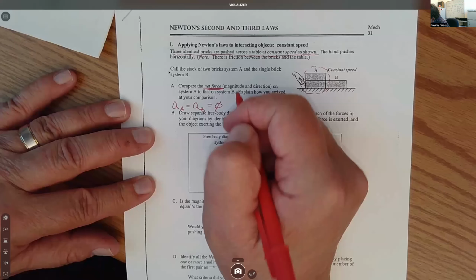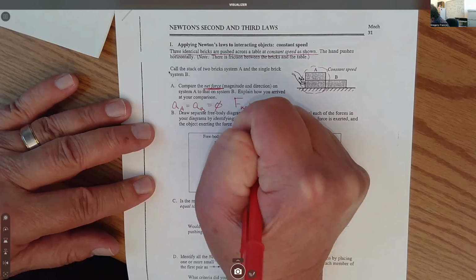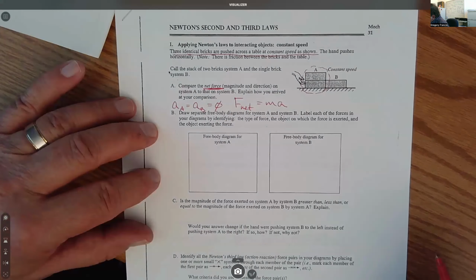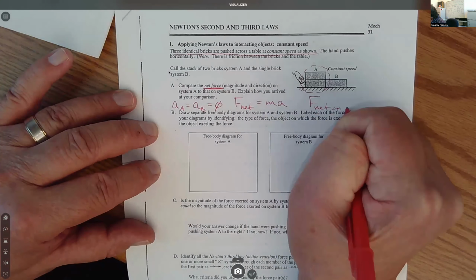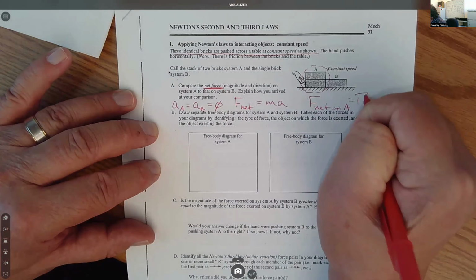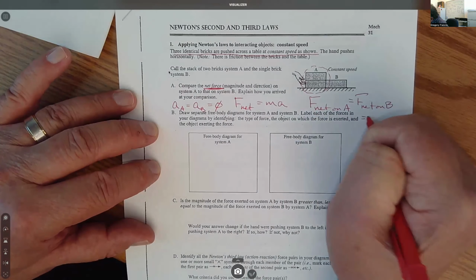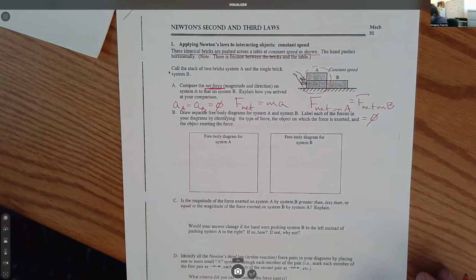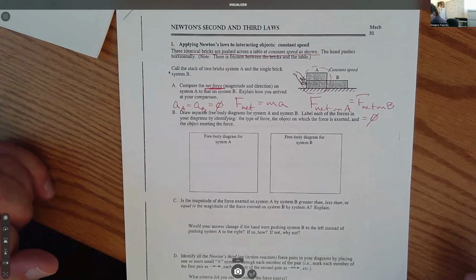Now, by Newton's second law, F net equals ma. It doesn't matter what the m is. If a is 0, we have net force on A equal the net force on B, which is equal to 0. So the free body diagram for A and the free body diagram for B have to scream balance. They have to scream 0.